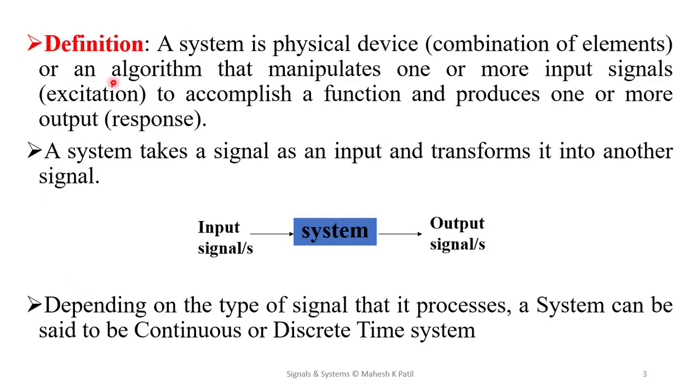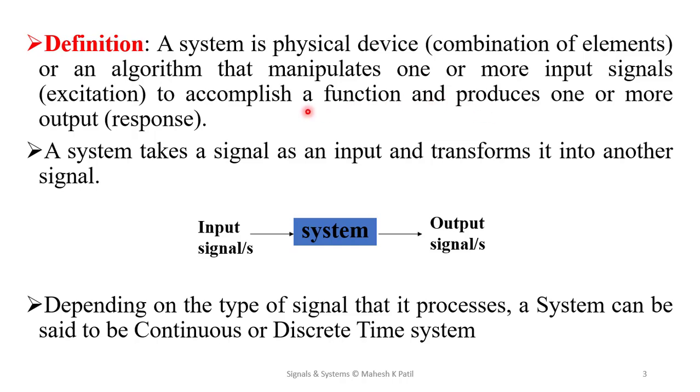Now the standard definition: a system is a physical device, meaning a combination of elements, or an algorithm that manipulates one or more input signals (excitation) to accomplish a function, and it produces the output. That output is either one or many outputs.